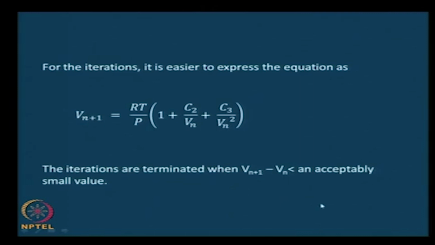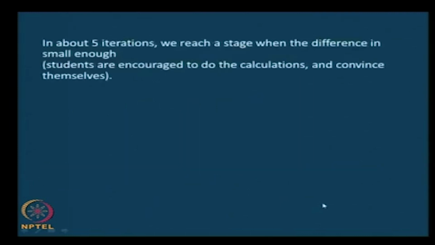What I would like you to do is, this will converge in about 5 iterations. So, I would like you to take another 10 to 15 minutes and actually work out the iterations. It is going to take some time because you are going to substitute numbers and so on, but it is good to get comfortable with the procedure.